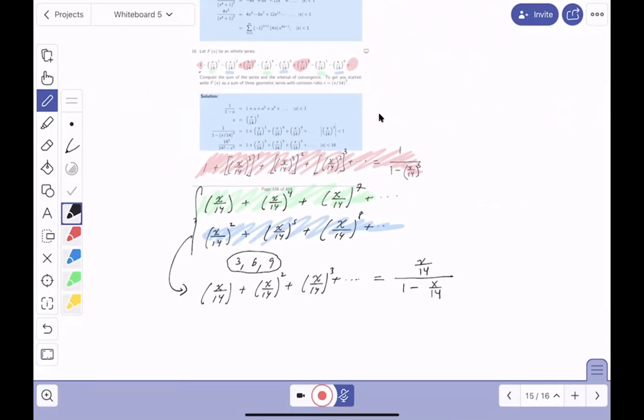I'm going to remove it. So from this, what would I have to remove? I'd have to remove 3, 6, 9, which is related to this guy over here. So if I remove it, and again, it's missing that, it would be this sum over here.